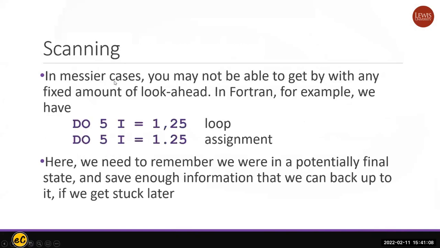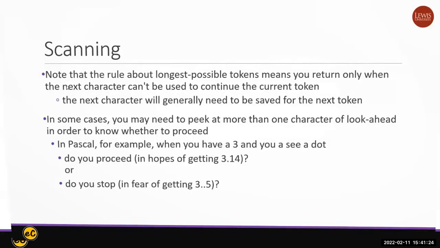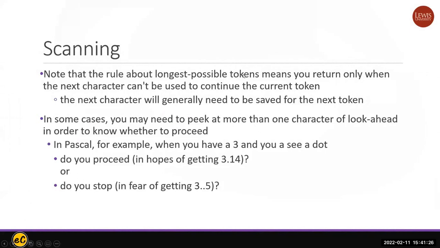Scanning in some cases, you may not be able to get by with any fixed amount of look ahead. Sometimes the look ahead may be more, and sometimes you may need assistance from the parser. So that portion would be more difficult. Note that the rule about longest possible token means that you return only when the next character cannot be used to continue the current token.